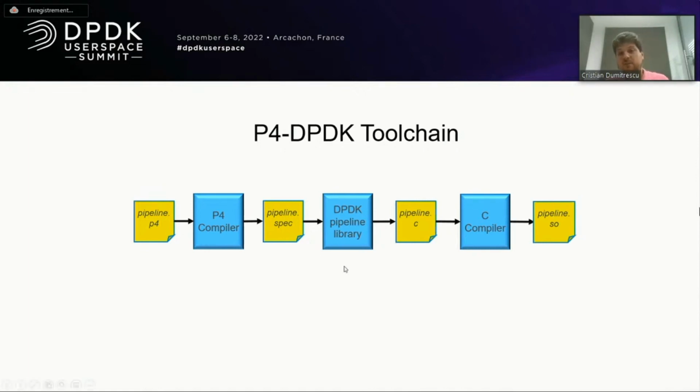So what we did in 22.11 and what we are working to improve now, there is a patch pending. We removed this interpreted mode where we simply call a function for each instruction, and we are generating C code. So the pipeline library is now generating a pipeline.c file.